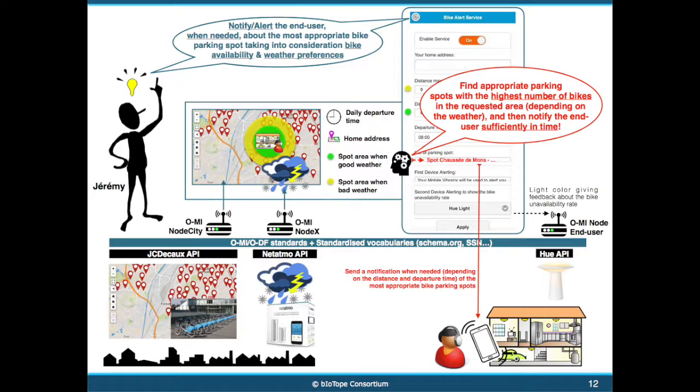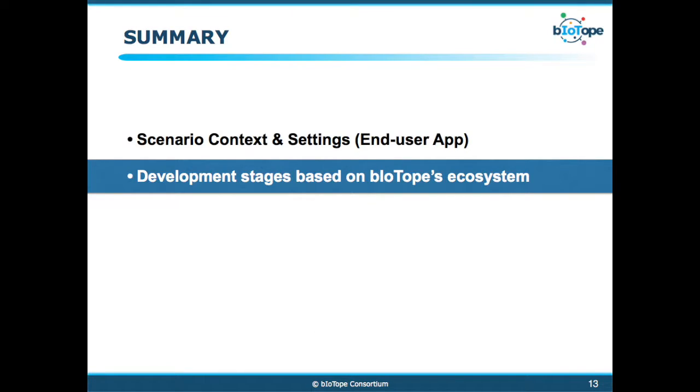In fact, this is a kind of work that will be carried out in our package 4, which focuses on context-aware services. Now, I will present in more detail the different bIoTope tools that Jeremy is going to use.